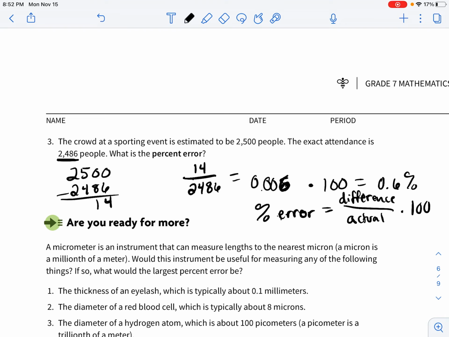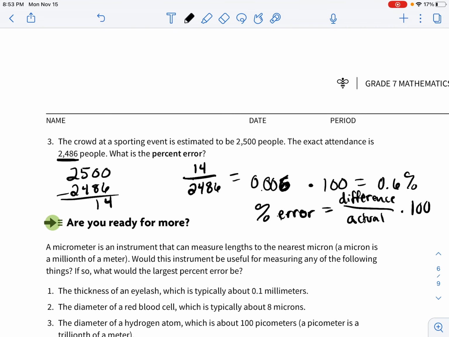Okay, so right below, I won't spend too much time. Obviously, this is what I was talking about with measurement errors. So they've got something that measures in micrometers. It is an instrument that can measure lengths to the nearest micron. A micron is a millionth of a meter.